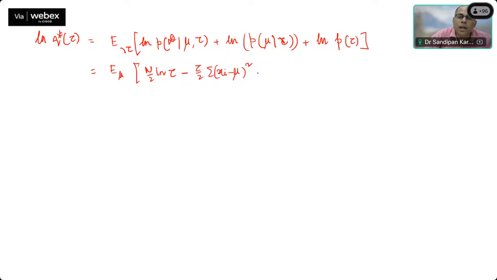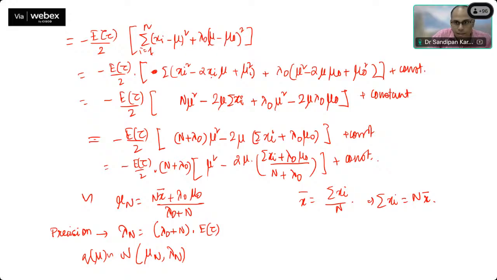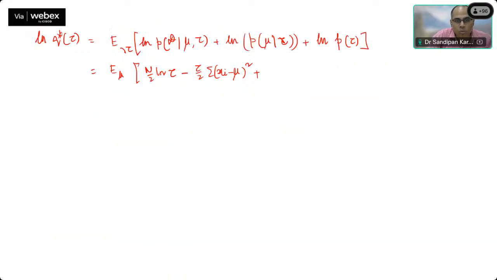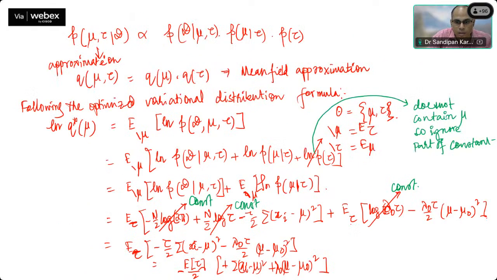Then plus, I'm ignoring the n by 2 log 2 pi and all these things. Then it is lambda naught tau by 2, mu minus mu naught whole square.